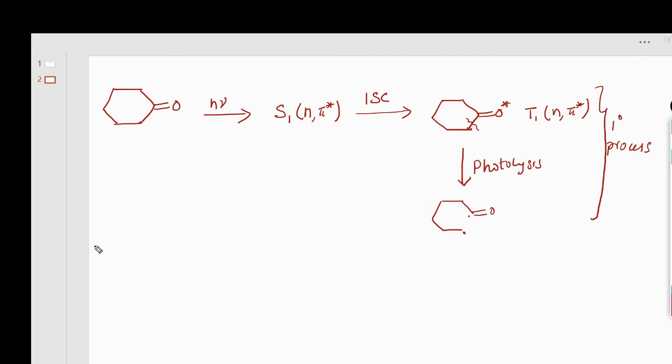Now let's concentrate on the secondary process. In secondary process, what happens? Two things happen in secondary process. So I split the page into two.